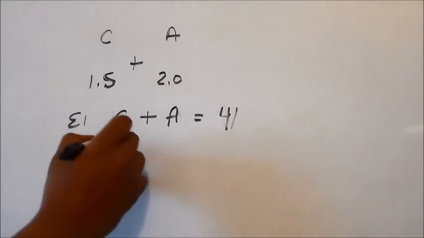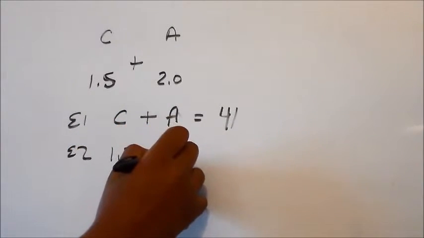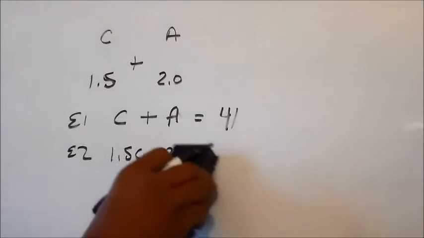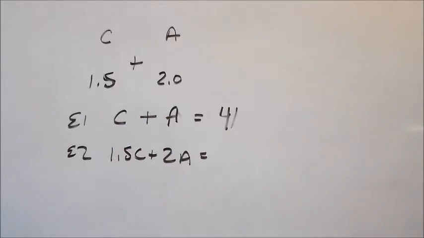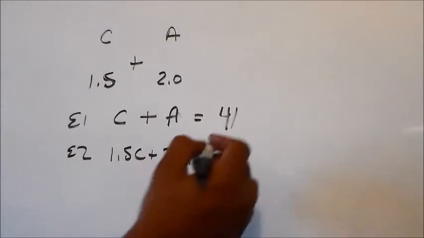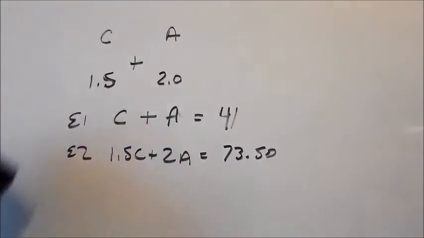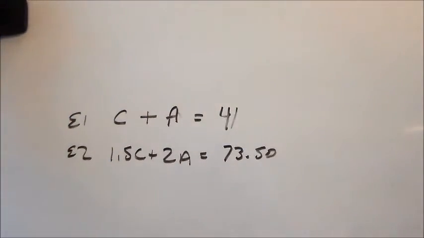Equation 2 is 1.5C plus 2A, we'll just say 2A to keep it simplified, and the total of these tickets cost $73.50. So that's our equation 1 and equation 2.